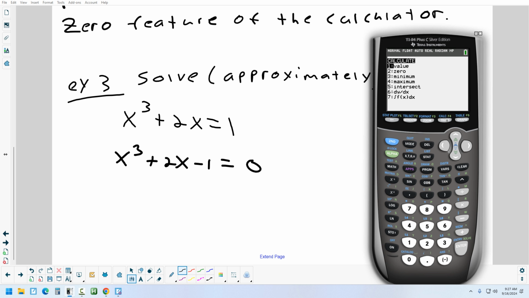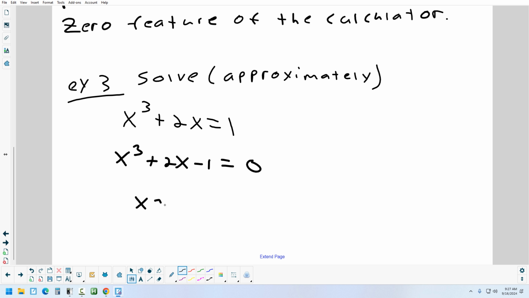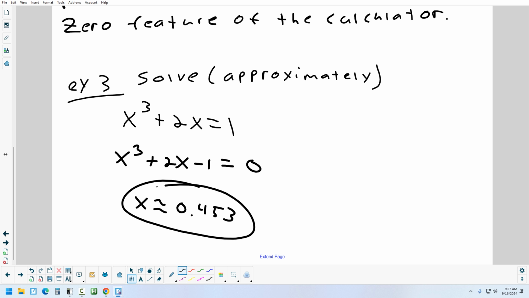But we want to get a more accurate answer. So second calc, zero. It's about 0.453. Now, that's one that I don't know if anybody would know how to solve algebraically yet. It doesn't look like it's a nice answer.